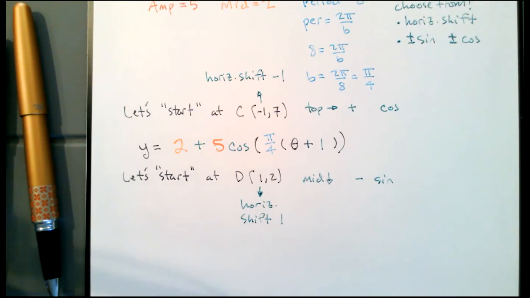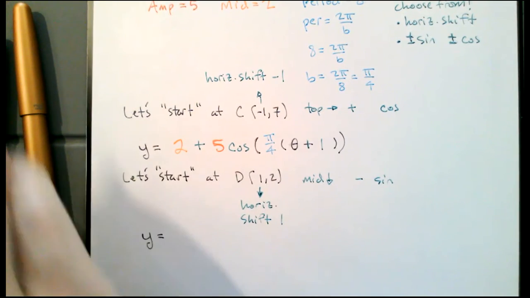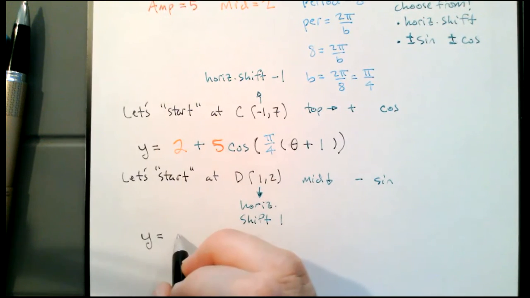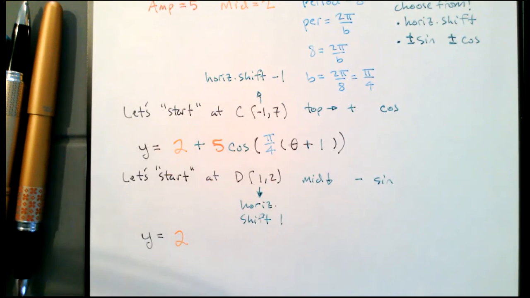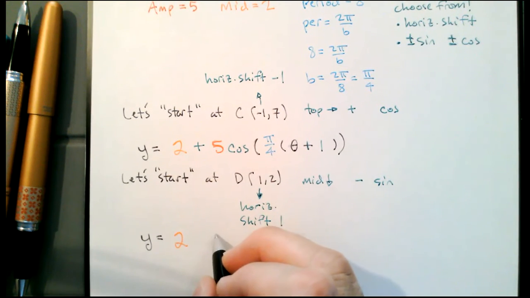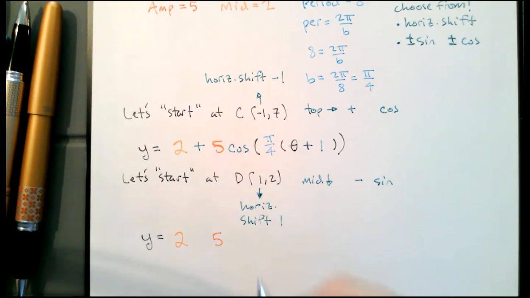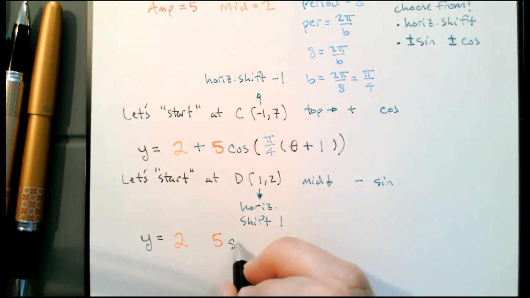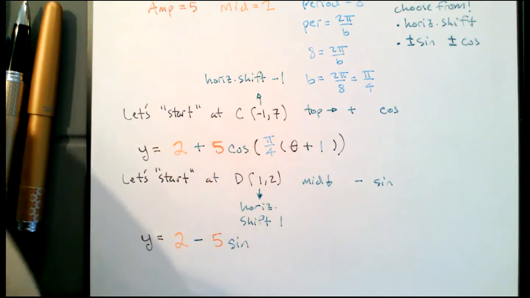Let's write an equation. Our fixed value, our constant, is 2, because that's where the middle is. The coefficient of the trig function is going to be 5, because that's the amplitude. The trig function that we're using is sine, because we're starting at the middle. And since it's the middle going down, it will be a negative sign.